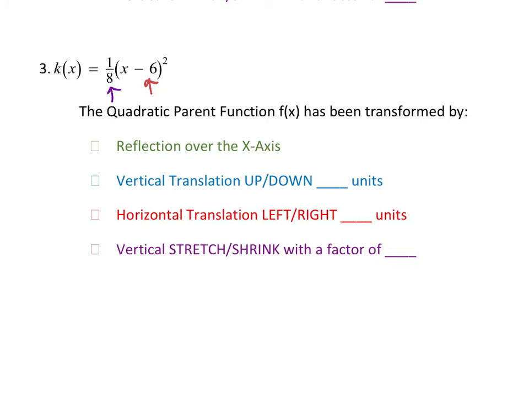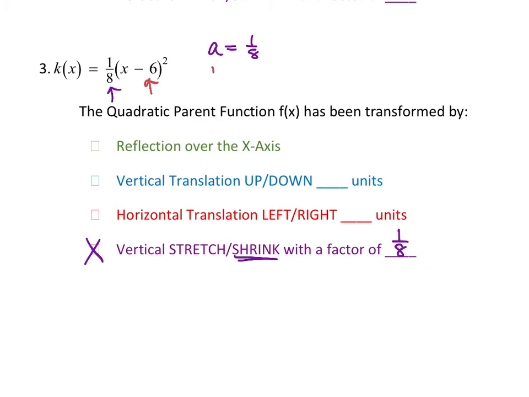Now, this 1/8 in the front, what type of transformation does that mean? Yeah, you know you're multiplying that number in the front, so it's a vertical transformation, and it is a vertical shrink because that's a JLO number. So my A is 1/8. That's JLO. That means it's going to be a shrink by a factor of 1/8. It's getting wider.